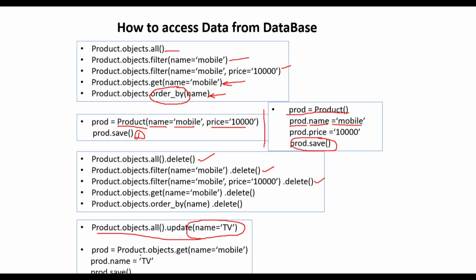And to update a specific or single record, fetch the data, then update the data and save the data in the DB. So let's see all the examples practically.